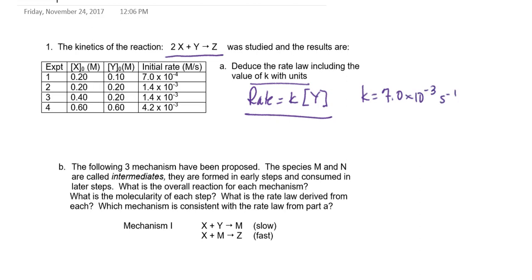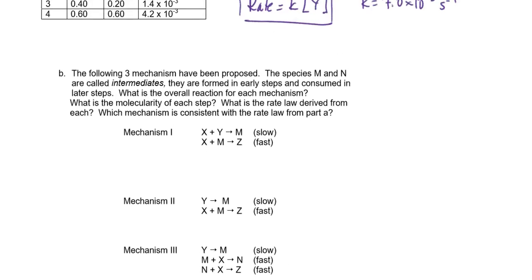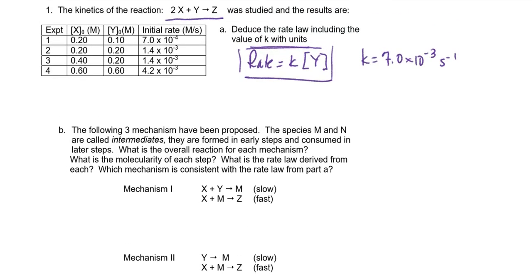Now, since we have the rate law in hand, we're asked to evaluate each of these three reaction mechanisms and figure out which one is appropriate for this chemical reaction and for the data that we've been given.